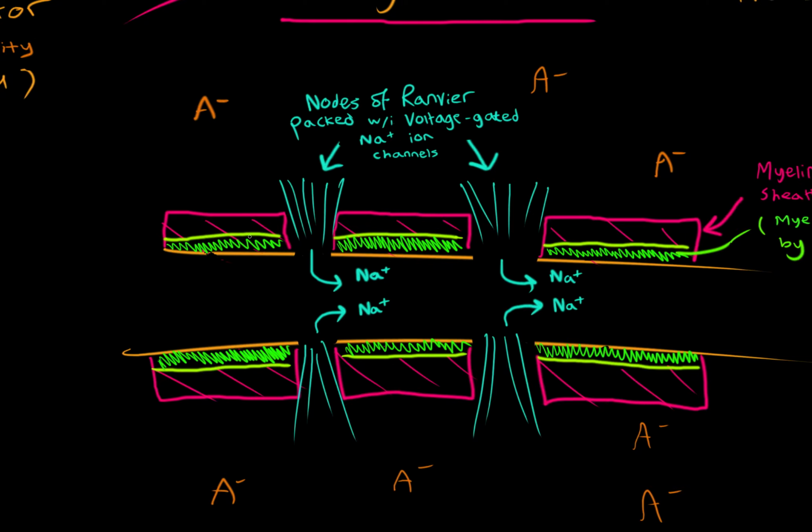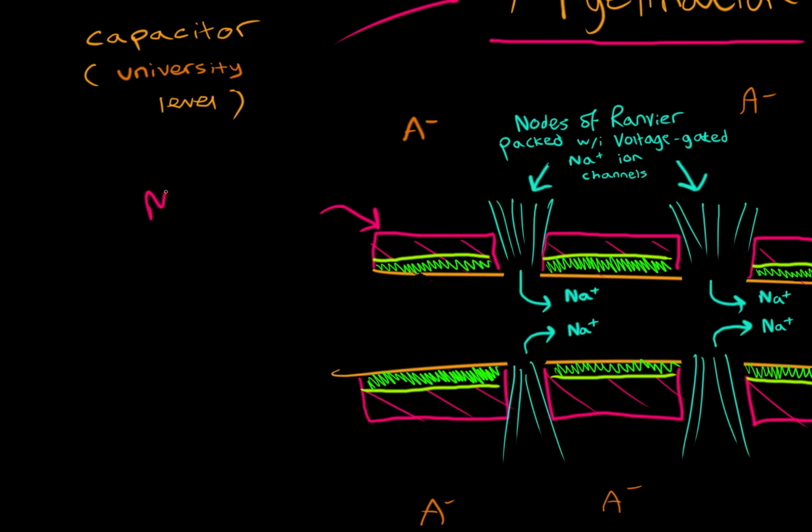If there is myelin present, then there will be no voltage gated sodium ion channels. So myelin, I'll write this down now for you, myelin equals no ion channels.